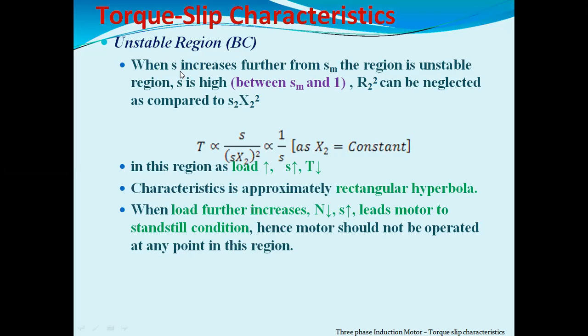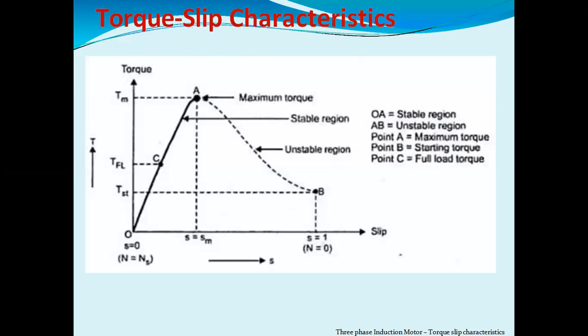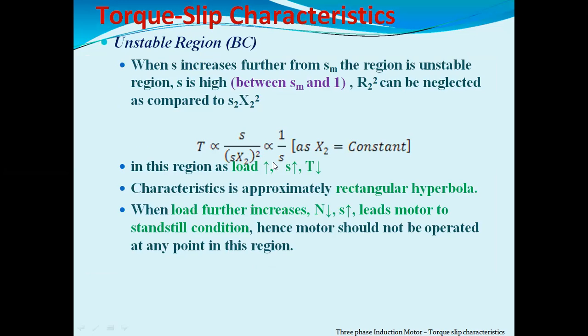When the value of S increases further over Sm, because if S equals Sm you get the maximum torque, but if S becomes higher than Sm, we call that region an unstable region. Here the value of S is high, between Sm and 1, greater than Sm and lower than 1.